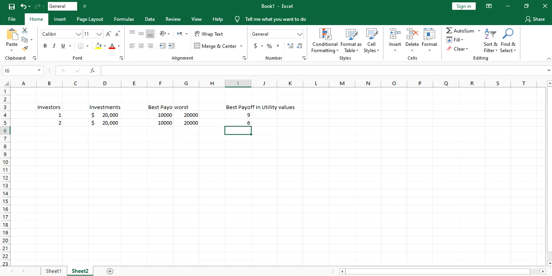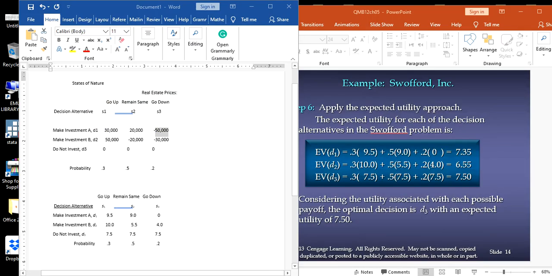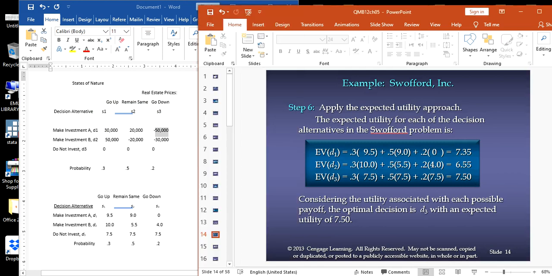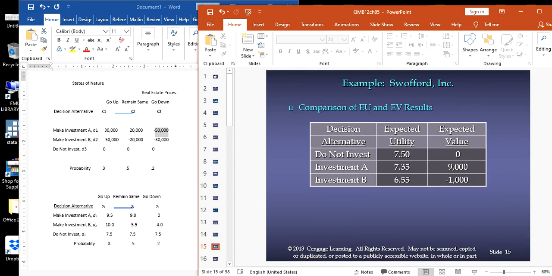So the level of satisfaction based on the nature of the investors, of the players, in any case, is called utility.